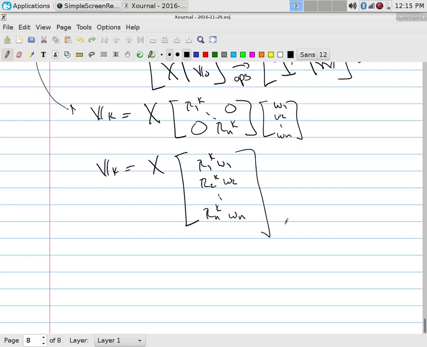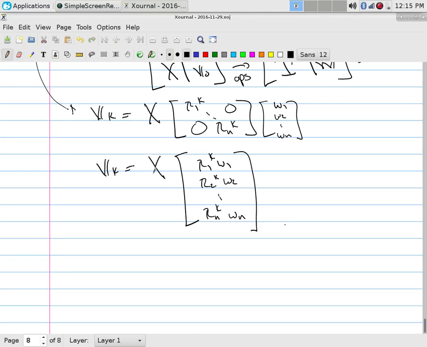What happened to everybody else? They're all zeros. The first row gets the first eigenvalue, the second row gets the second eigenvalue, the third row gets the third. Well, why isn't it on the other ones? Because it's a diagonal matrix. Everybody else is zeros.